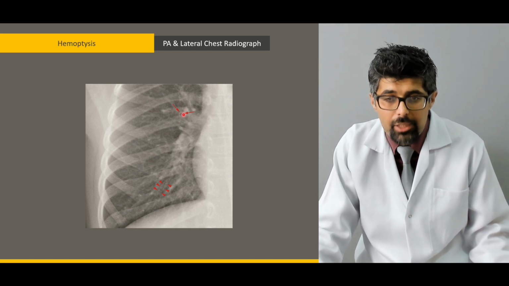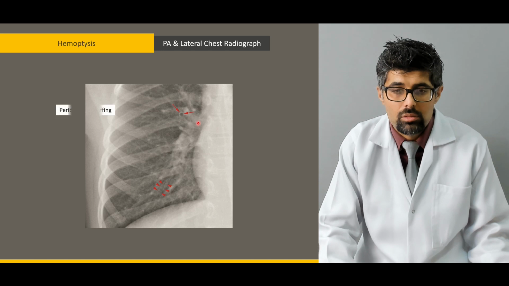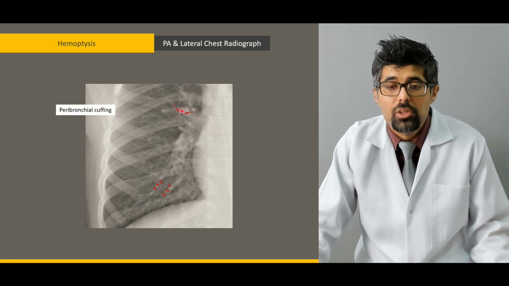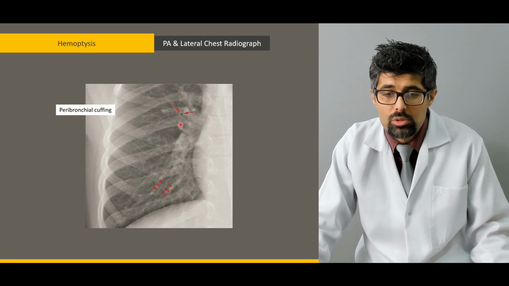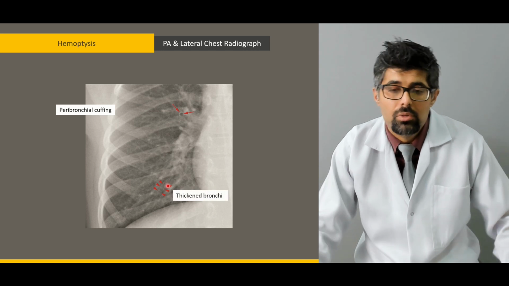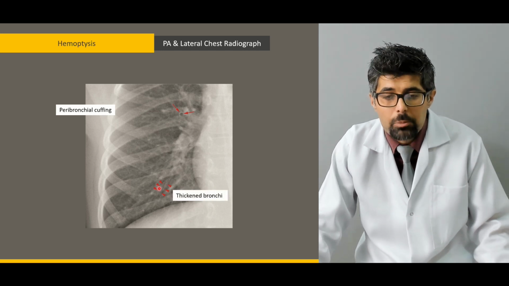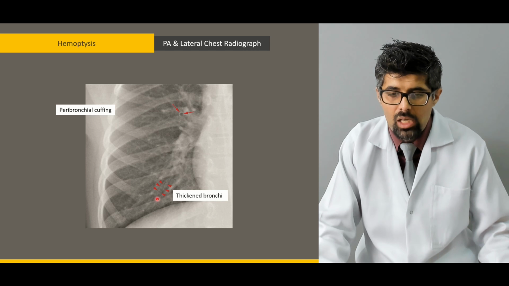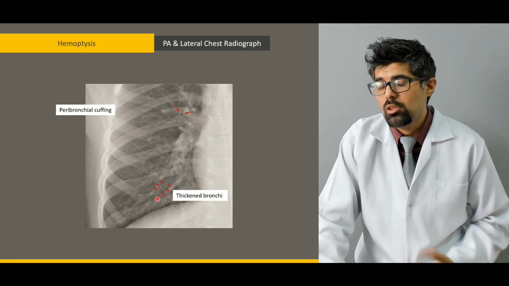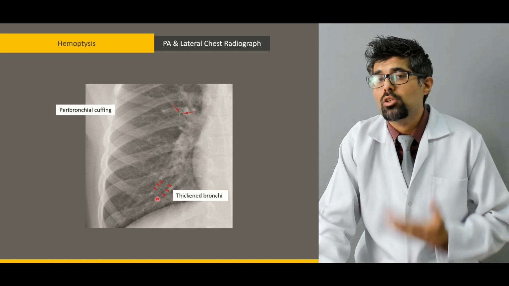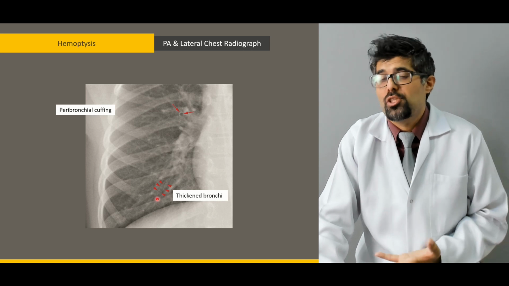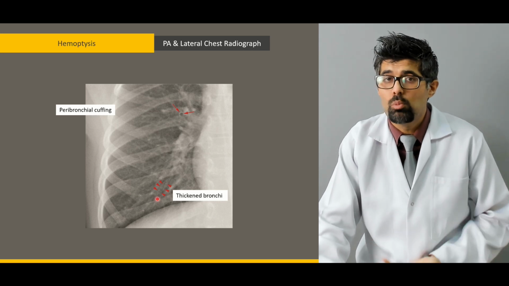Again, we are seeing peribronchial cuffing, which is due to inflamed and thickened bronchioles. We are seeing tram tracks, again due to thickened bronchi, which are lined up together. And this gives us a very typical picture. So whenever you see this picture on a chest x-ray, be sure to give it the differential diagnosis of viral pneumonia.